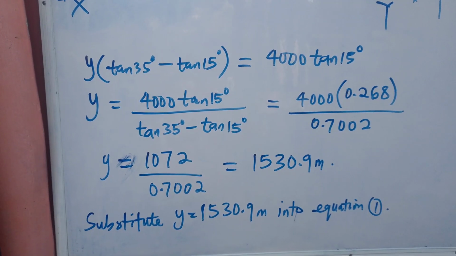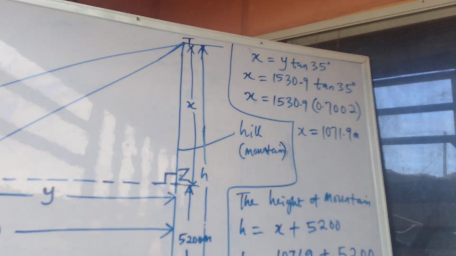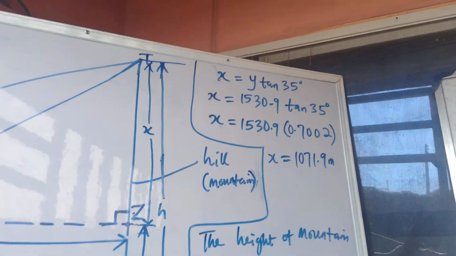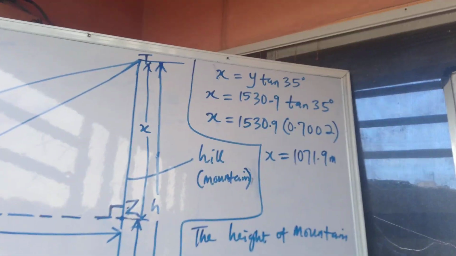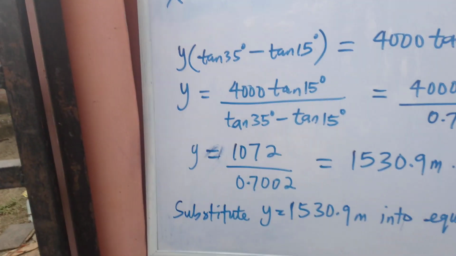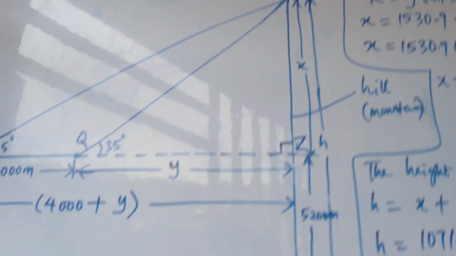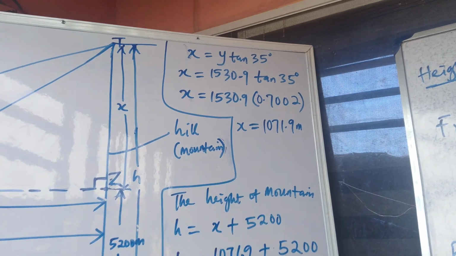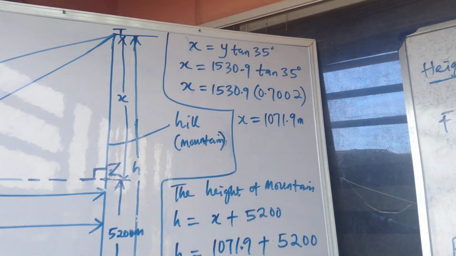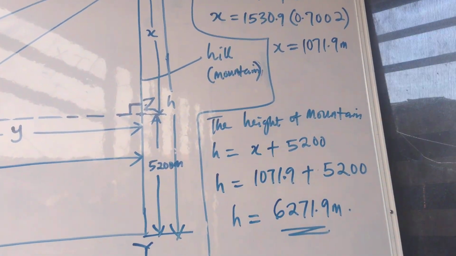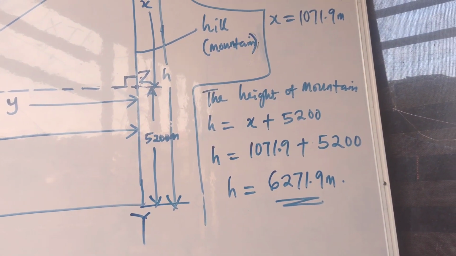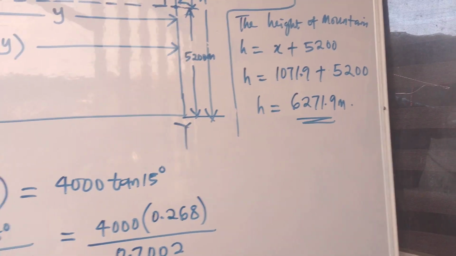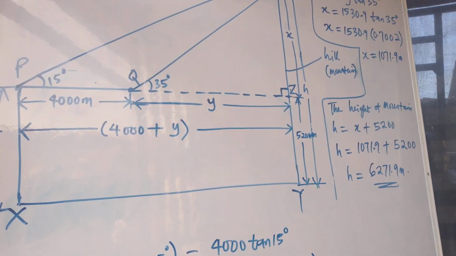We had y as 1530.9 meters, and then we went on to equation 1 and substituted the value of y into equation 1. Finally, we had the value of x as 1071.9 meters. Then we solved the height of the mountain and got 6271.9 meters. Alright, thank you.